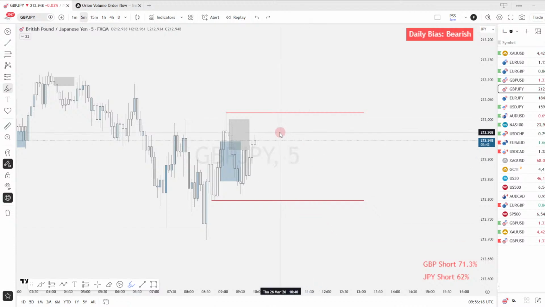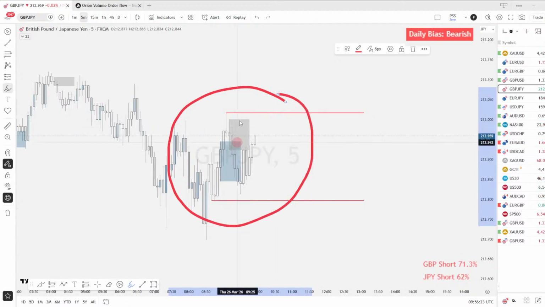You planning to sell? We are planning to sell, but we're not planning to sell until price action tells us that it wants to actually sell.